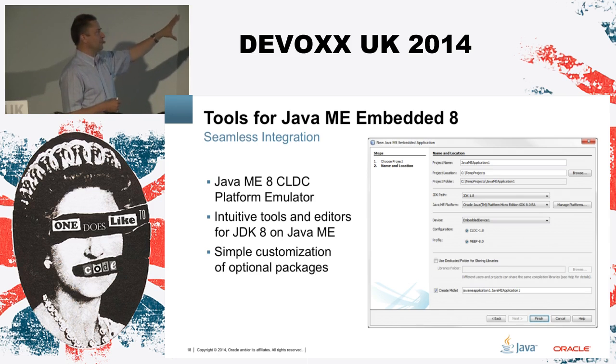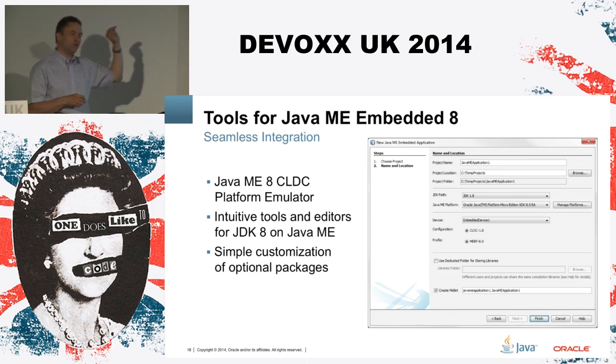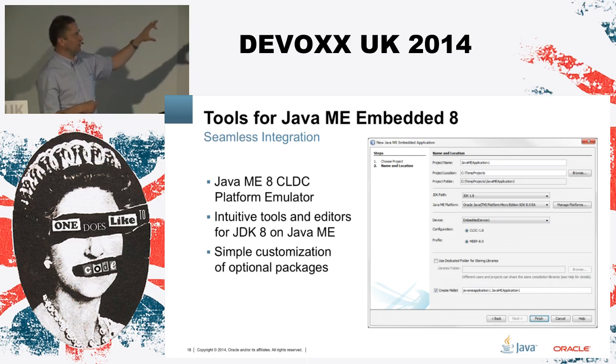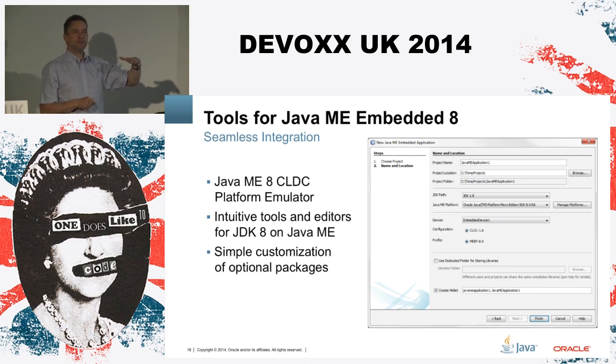So you've got now the ability to set up emulators, you've got the ability to configure projects for Java ME, and it's very useful, especially in terms of the security features, because you can say, okay, this is my project, I want to be able to access the GPIO pins, I want to be able to read and write to those GPIO pins. So part of the project, you can set up the security permissions for that project so that it knows exactly what's actually happening, and then the application descriptor is generated for you.